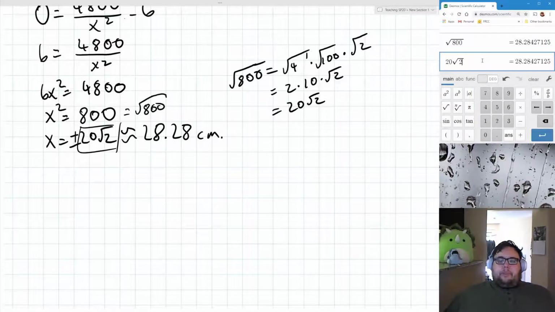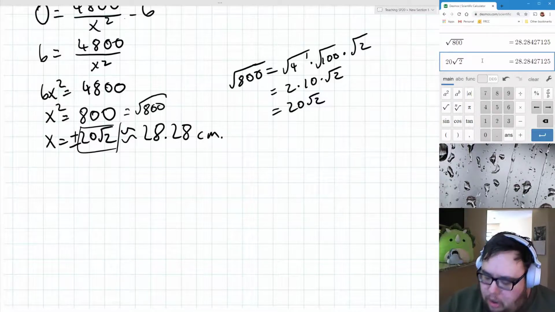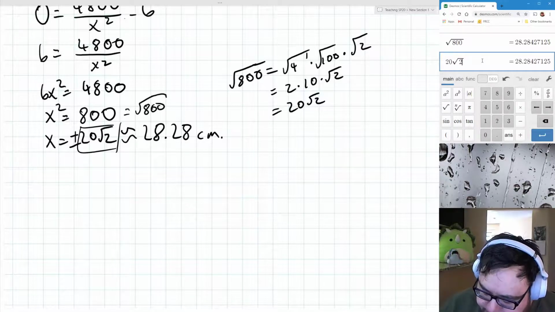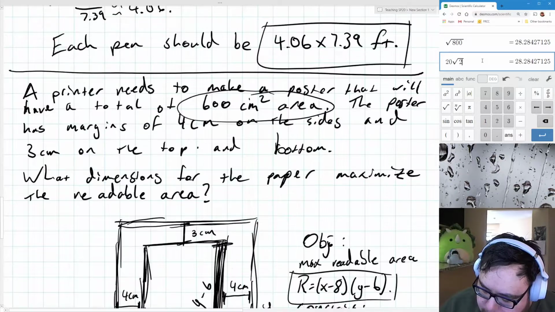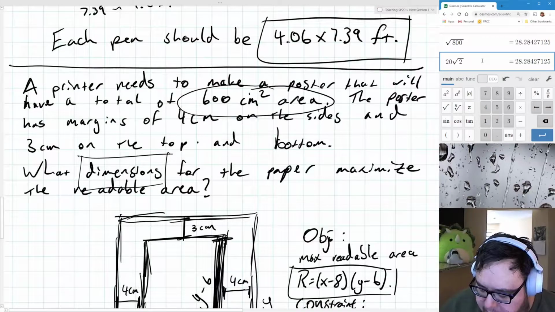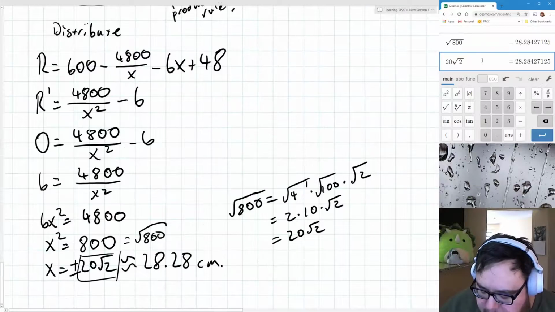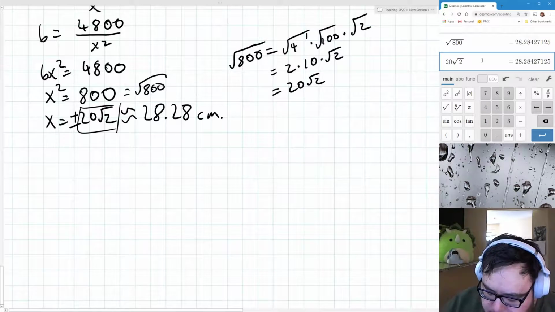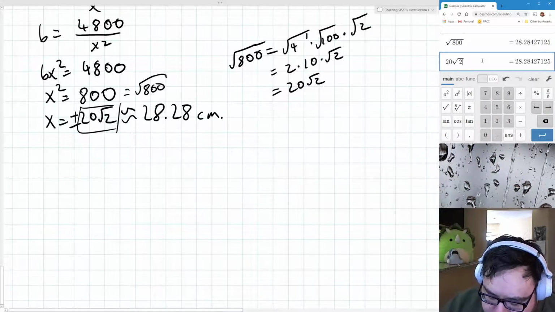Okay. So at this point, we just need to answer our actual question, right? We need to go back and take a look at the question, and figure out what our exact answer was supposed to be. And we'll notice that our answer is to be the dimensions for the paper to maximize the readable area. Oh, wait, no. We technically need to verify that this is a maximum. So again, the second derivative test is nice.